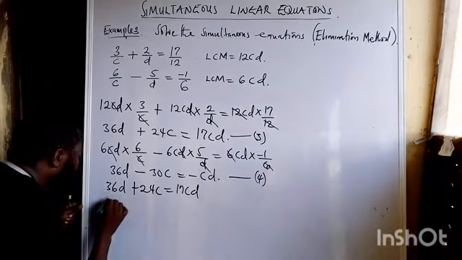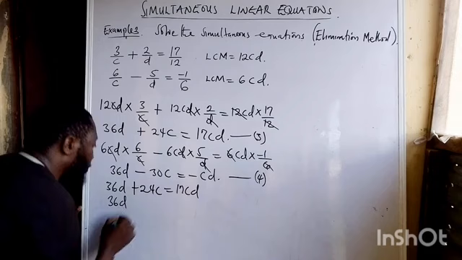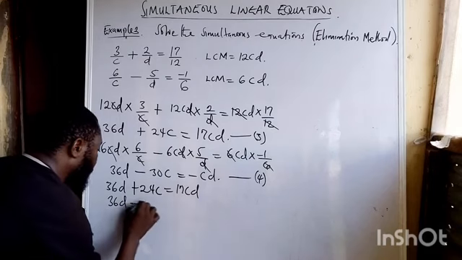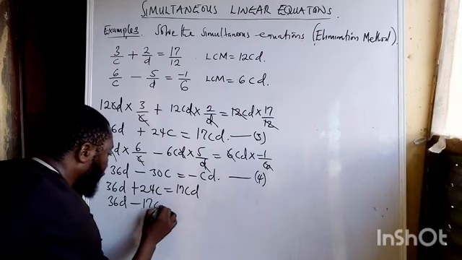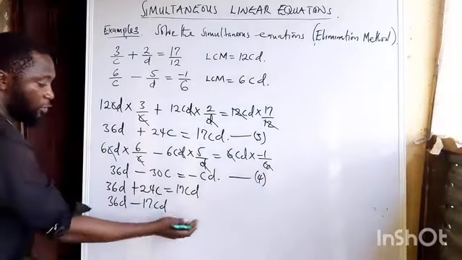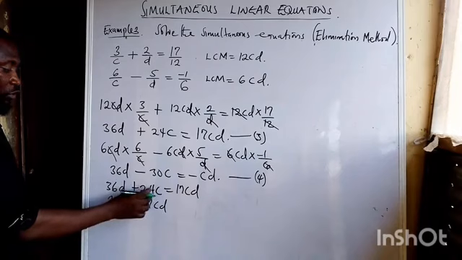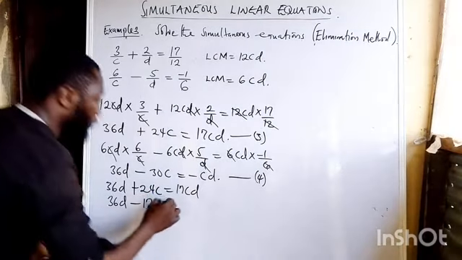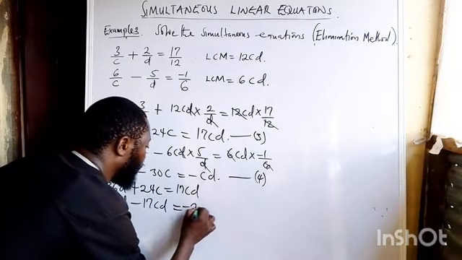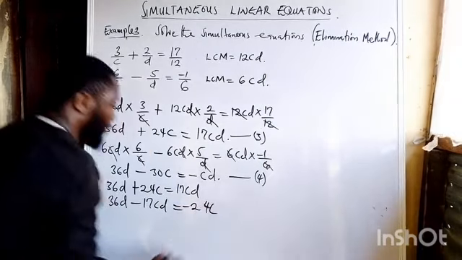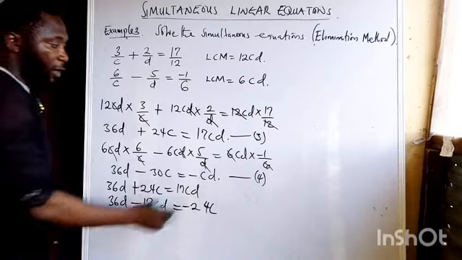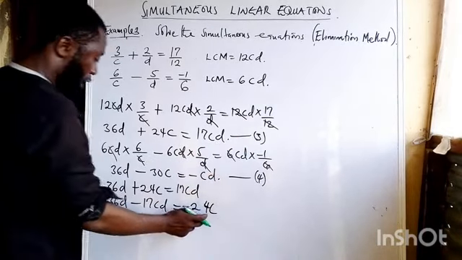So now I have 36D, bring in 17CD. You know this will be negative because it's positive; by the time you move it in, it becomes negative. Here also this is positive, take it out, it becomes negative, minus 24C. So now our third equation, we have this.